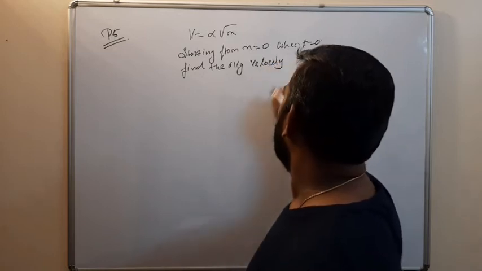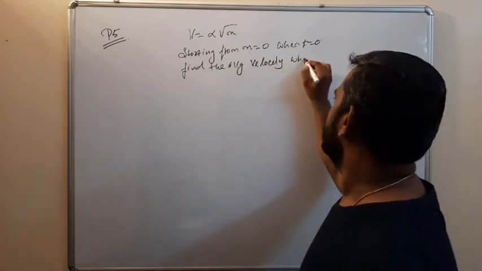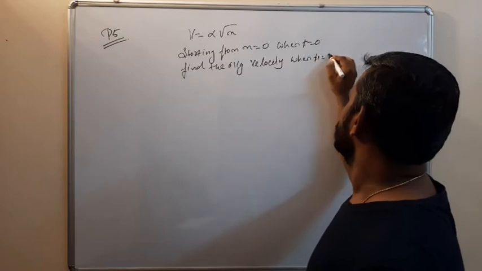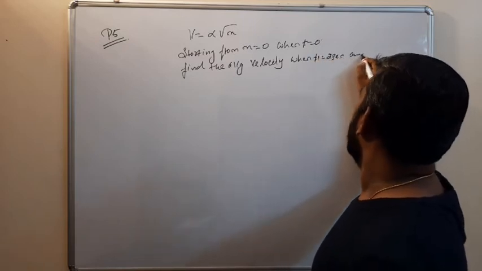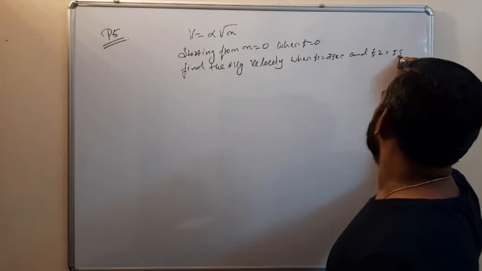Find the average velocity when t1 is equal to 2 seconds and t2 is equal to 5 seconds.